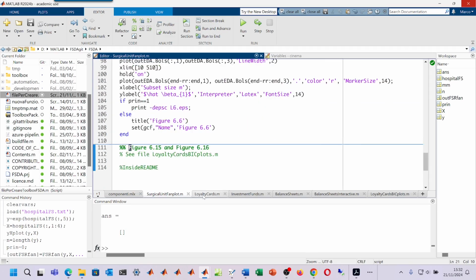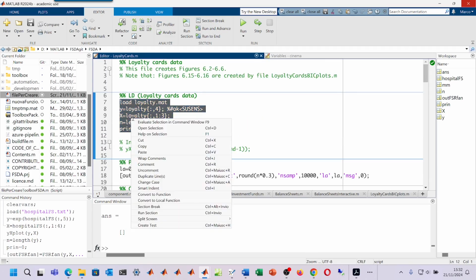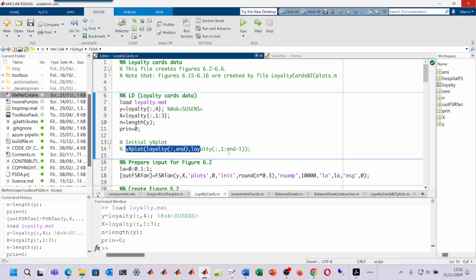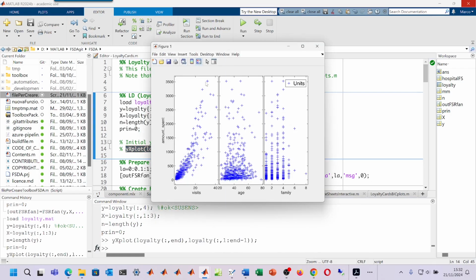Now we move to the analysis of the loyalty cards data. We start with a plot of the response, which is the amount spent over a certain period of months in the supermarket, as a function of the number of visits, the age of the loyalty card owner, and the number of components in the family.